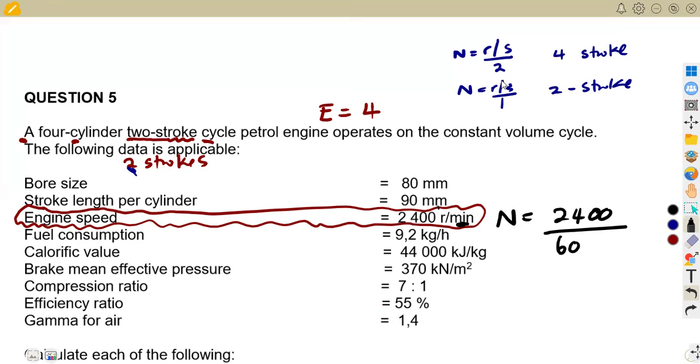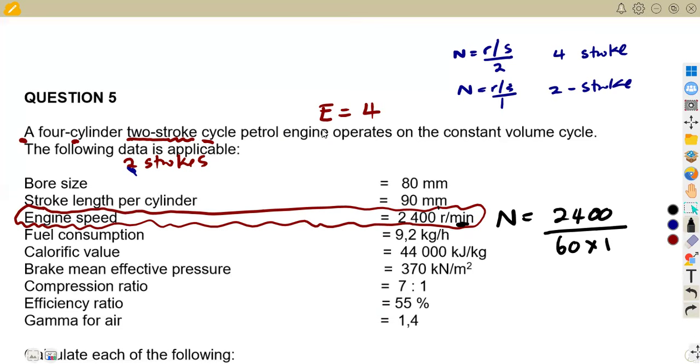But take note, for a 2-stroke we are going to have revs per second over 1, so we multiply by 1. So that is our N. If it was a 4-stroke, you would multiply by 2, but this one is a 2-stroke. So that is how you use your N for a 2-stroke.